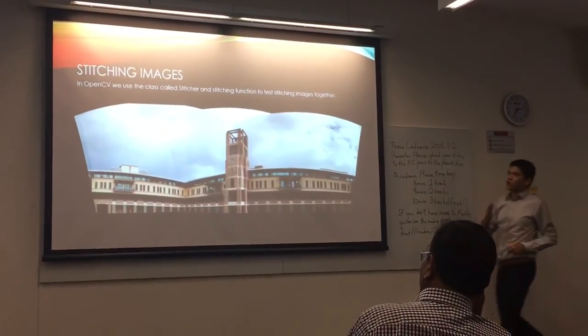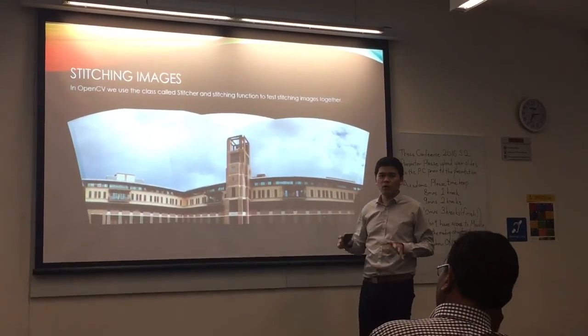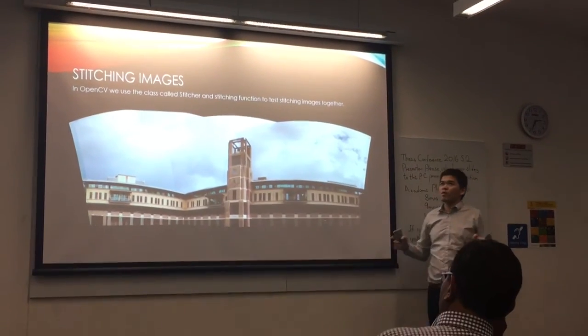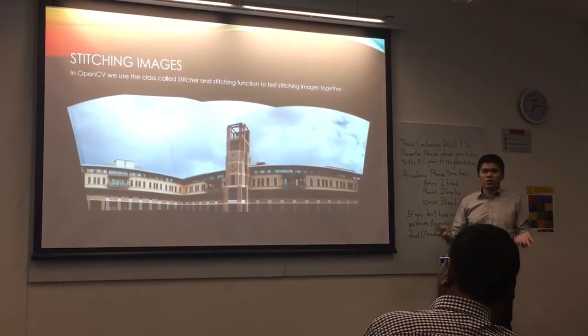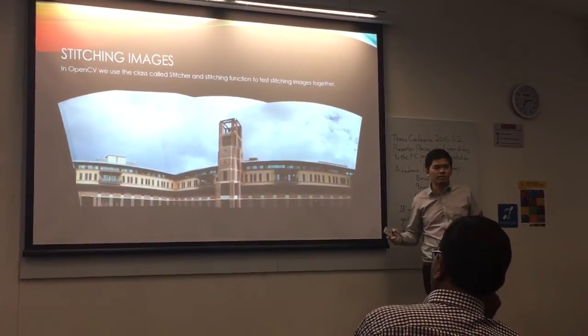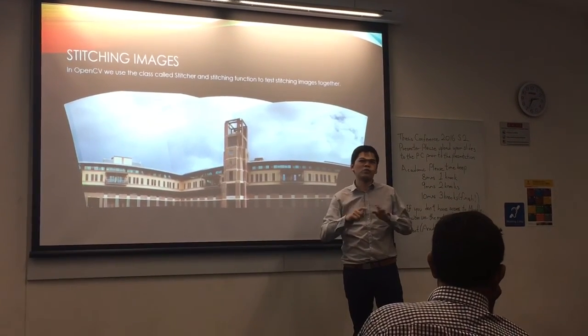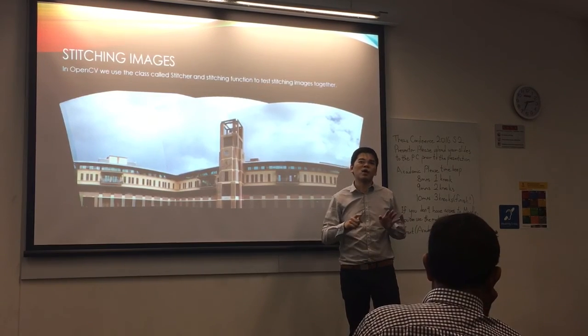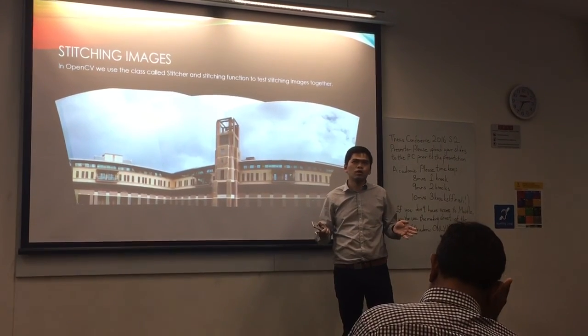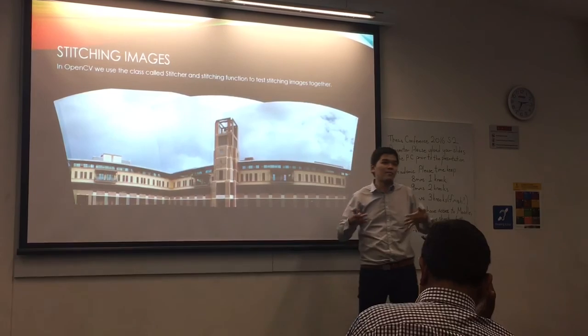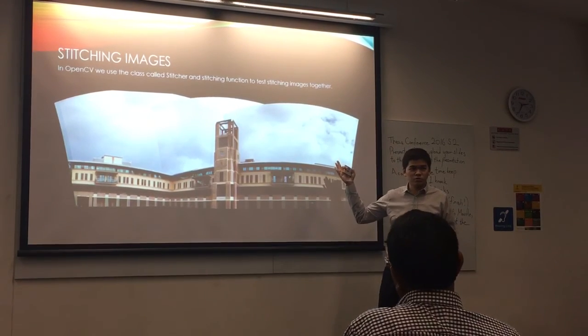Why do we have to know about stitching images? Stitching is really important because in this project the requirement is stitching video. Basically, video is comprised of many photos; for example, 1 second of video has about 25 to 30 frames. So we need to know how to stitch an image.